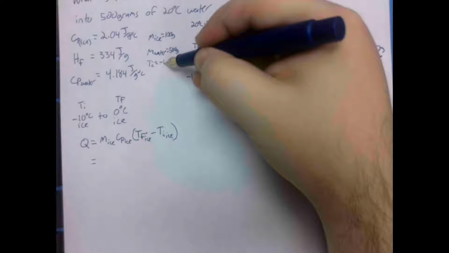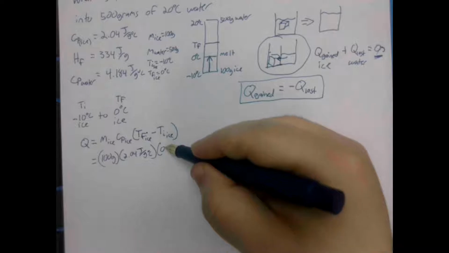So we get 100 grams times 2.04 joules per gram degrees Celsius times 0 degrees Celsius minus a negative 10 degrees Celsius. The minus a negative makes it positive. So 100 times 2.04 times 10. And I get 2,040 joules.